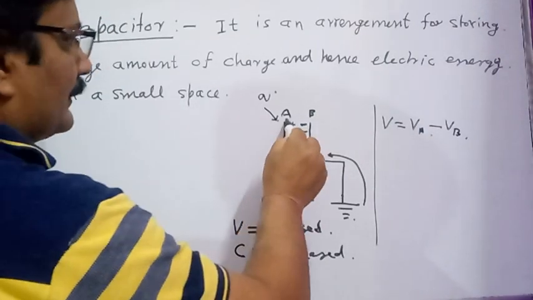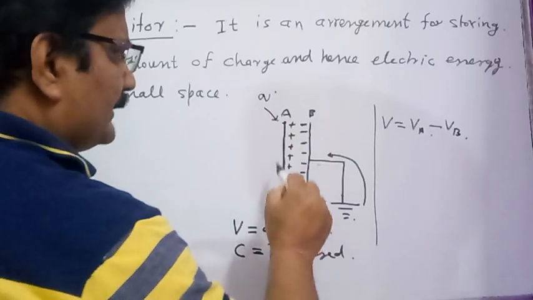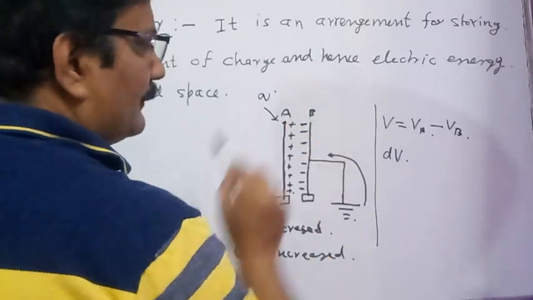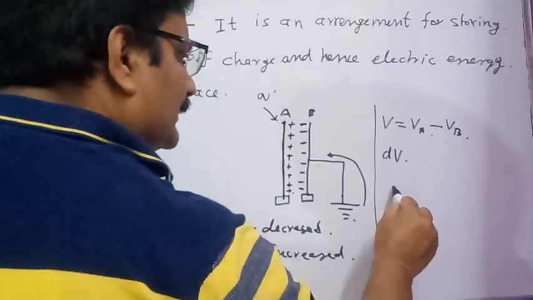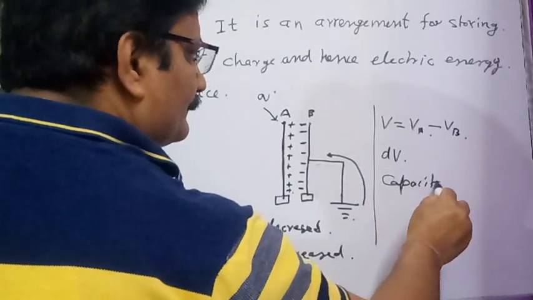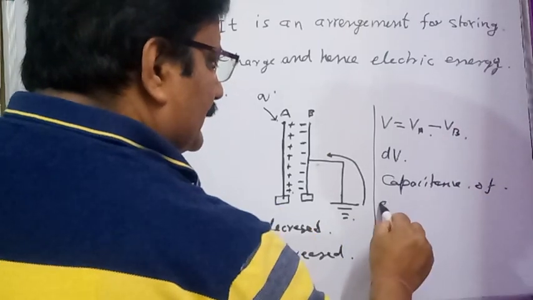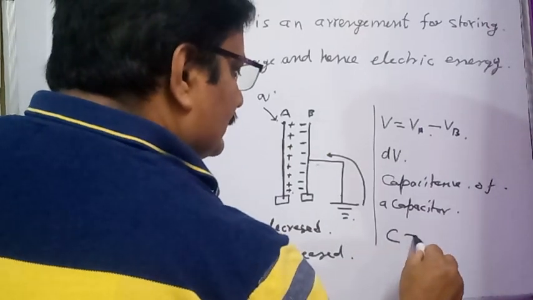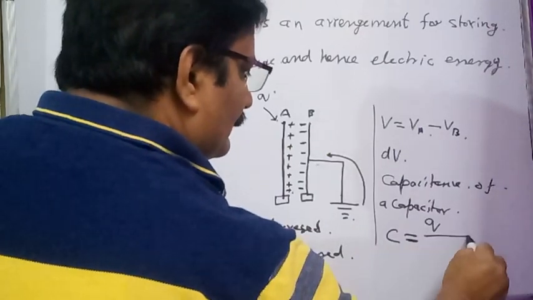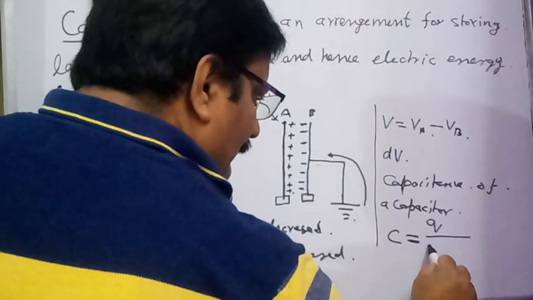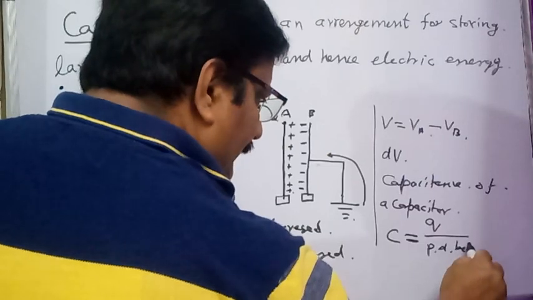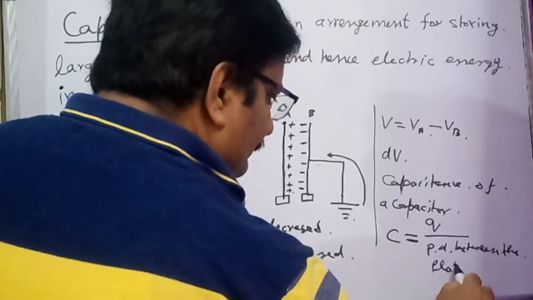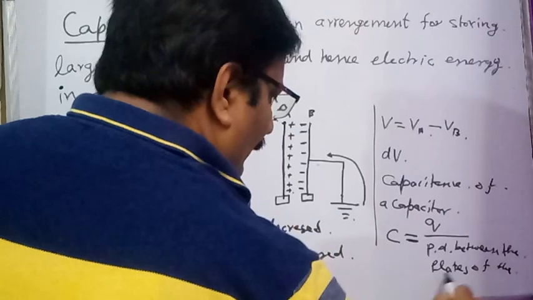Actually, the potential on the surface of conductor A is going to be the potential difference between the two conductors A and B. So the capacitance of a capacitor can be given as the charge on the conductor divided by the potential difference between the plates of the capacitor.